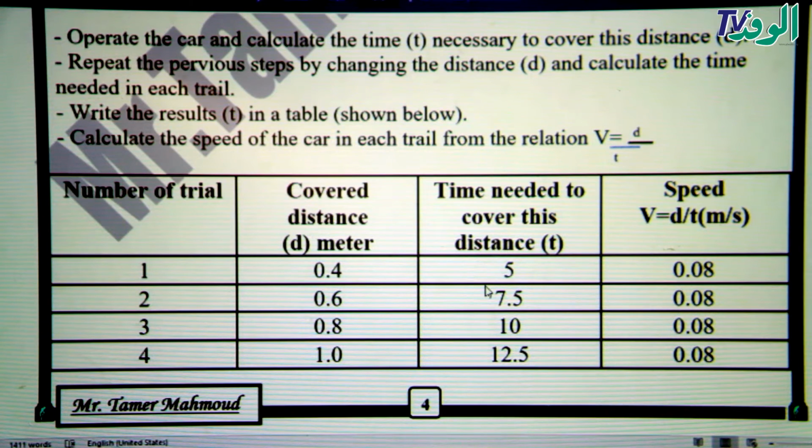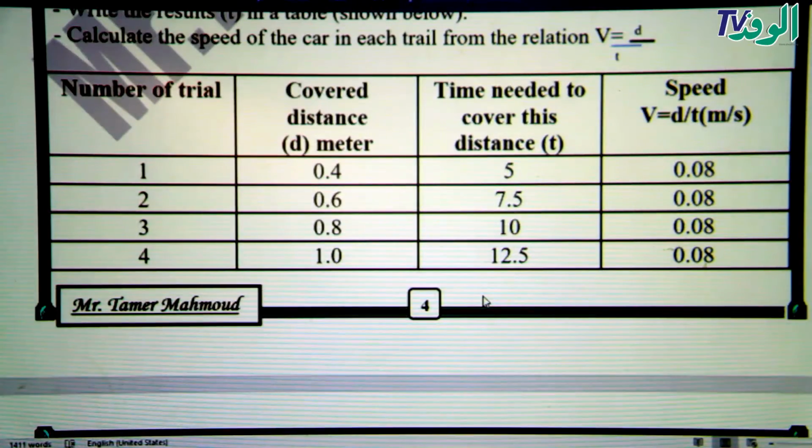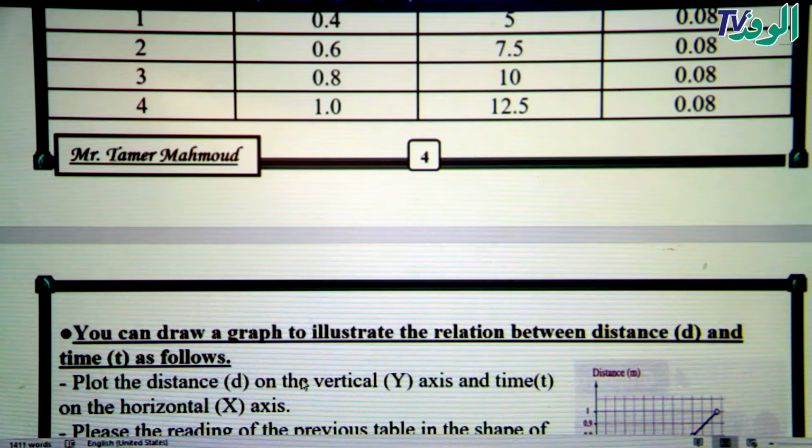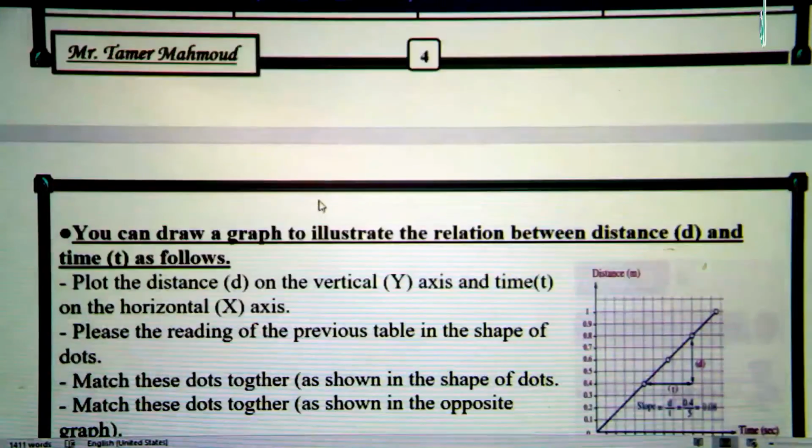That means the body cuts these distances in equal periods of time. So we can say that the object moved with the car cuts equal distances in equal periods of time, so it moved with a regular speed. Let's represent these results on a graph.